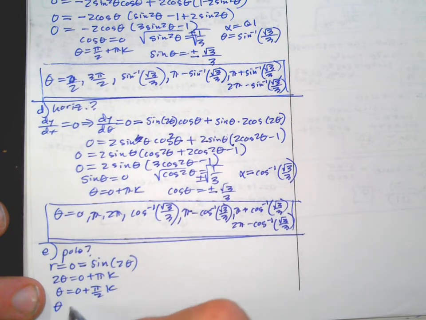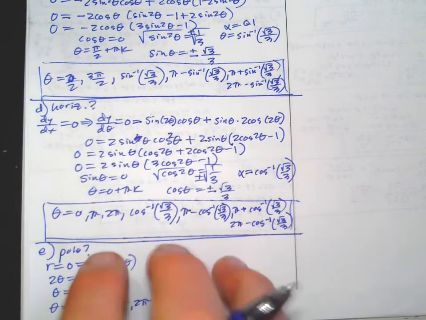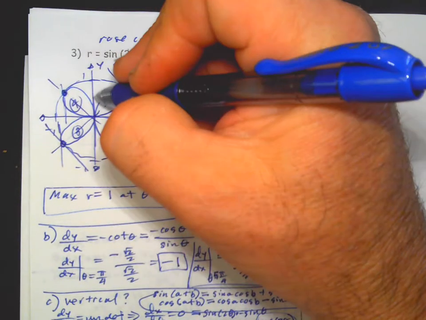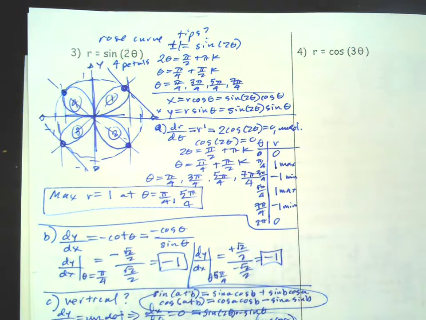So theta equals 0, pi over 2, pi, 3 pi over 2, 2 pi. Now let's look at the picture and see what we expect to happen. I bet we're going to get vertical tangents and horizontal tangents at the pole.